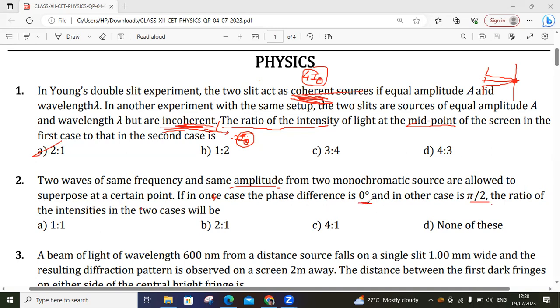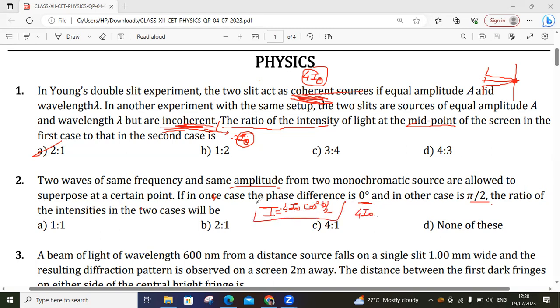If the phase difference is 0 degree, it is a constructive interference, which gives 4 I naught. Basically, I is equal to 4 I naught cos square phi by 2, where phi is the phase difference. This is the formula. When phi is equal to 0, cos 0 is 1. We get 4 I naught in the first case.